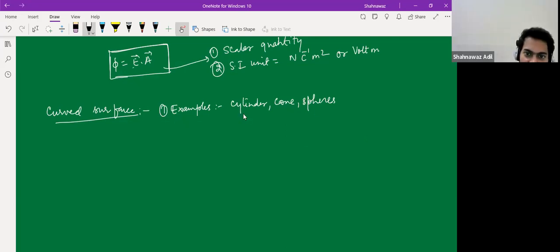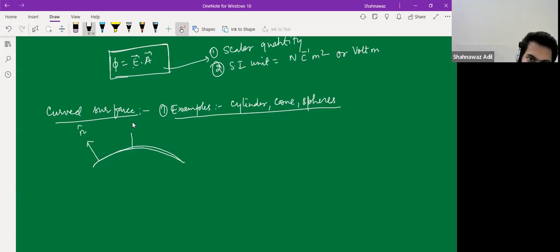So what happens in the case of this curved surface? Let's say you have a curved surface, and what would be the direction of the normal vector? The direction of the normal vector at this point would be this, at this point, this, and at this point, this.